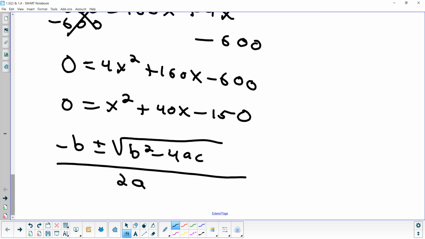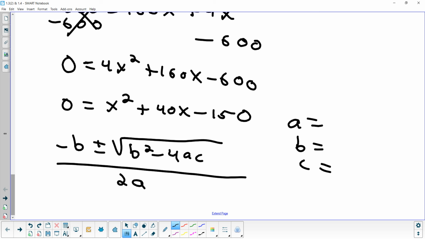Where do those come from? Matt? They come from the equation, so x squared would be a. a, b, and c all have to be numbers.